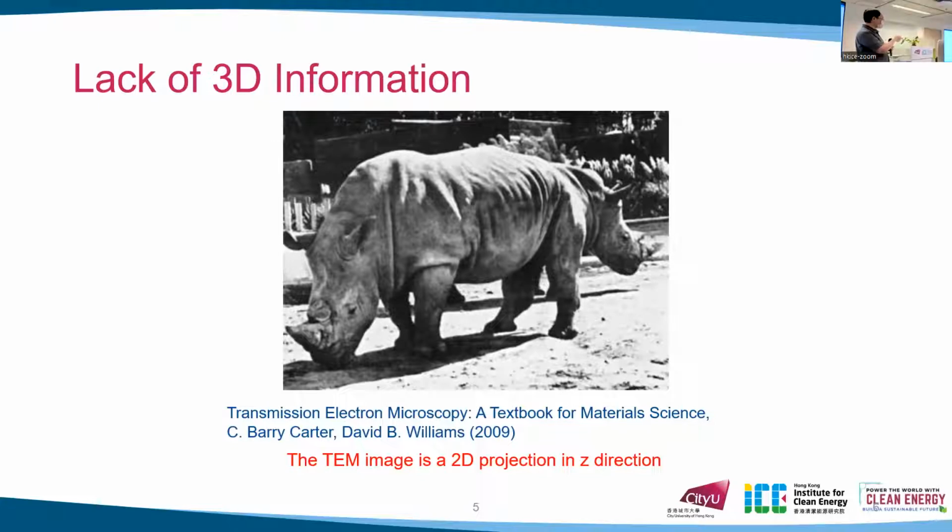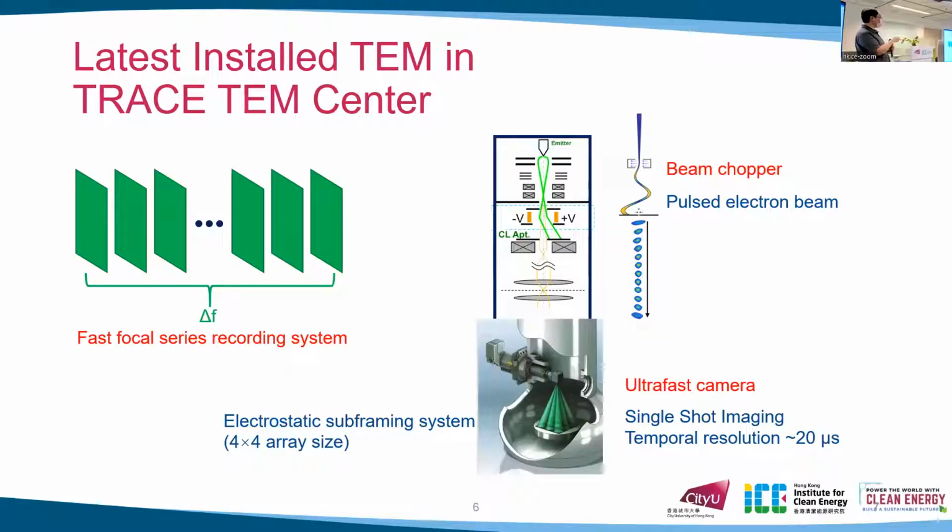In our center, and actually in the Microscopy Society, we aim to solve these problems. In our latest installed TEM, we have a beam chopper in the beam source part.